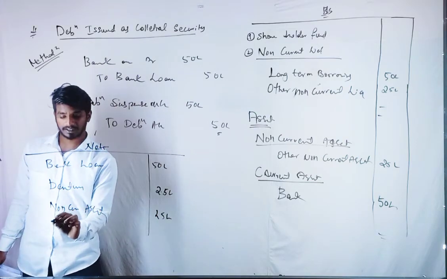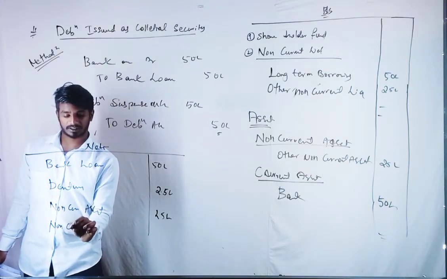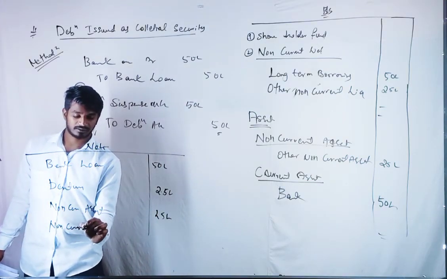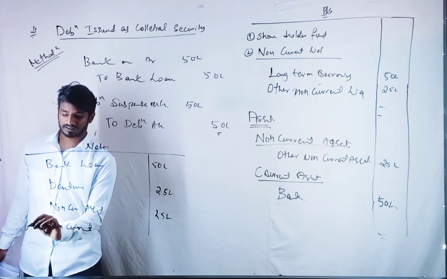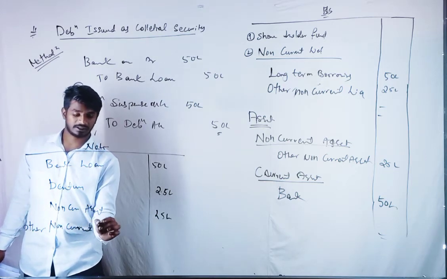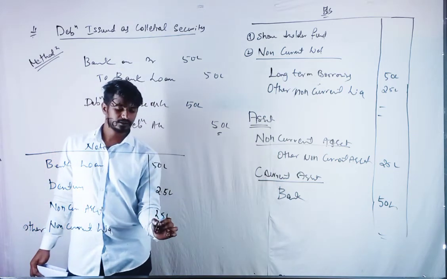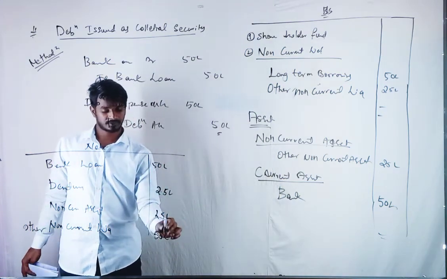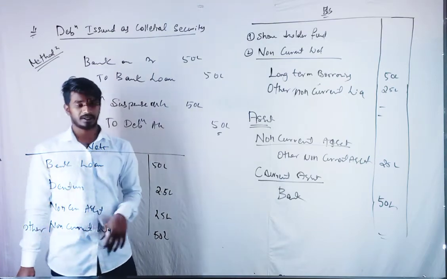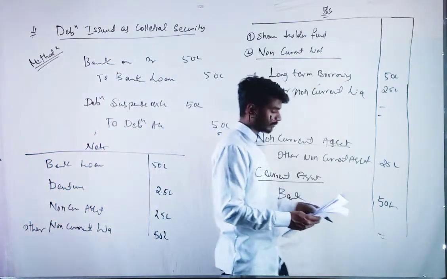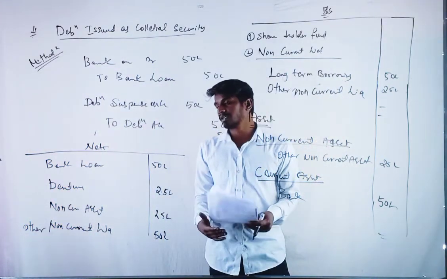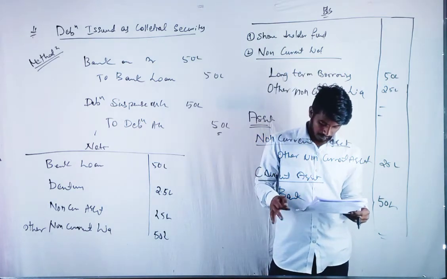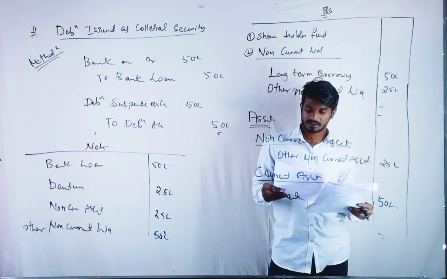And other non-current liability 50 lakh. You should make separate notes. Just I made it in one note, it's not a problem, but you can make it in the other notes also. Yes, the question is done.